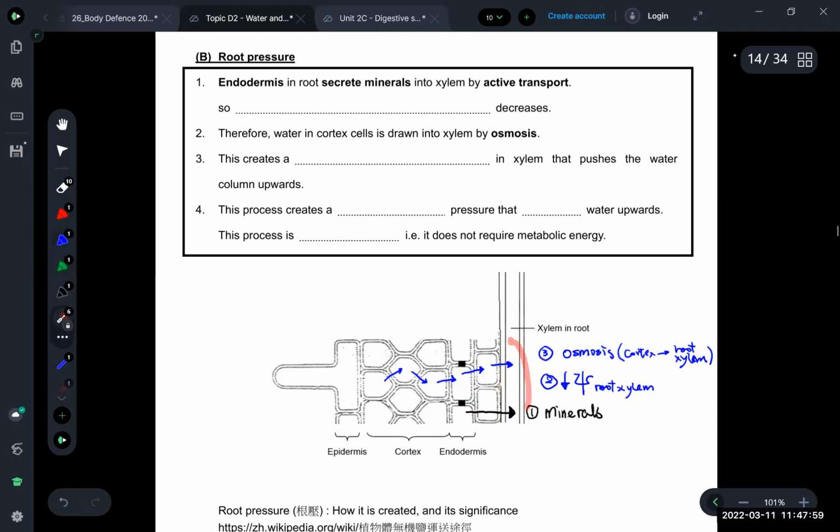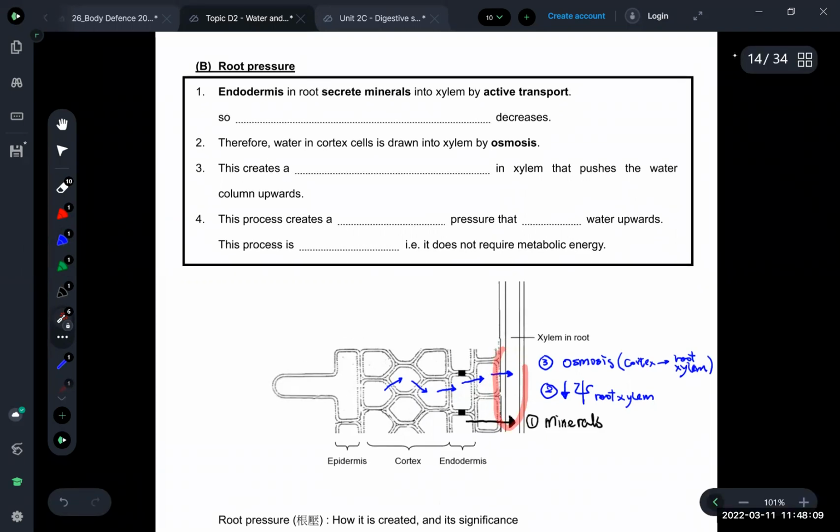And when the water builds up, it's just like pumping air or water into a balloon. You can imagine this would create a pressure that pushes the water up.